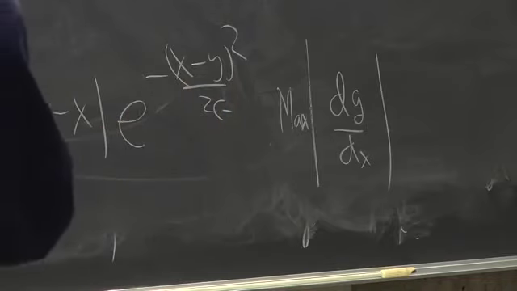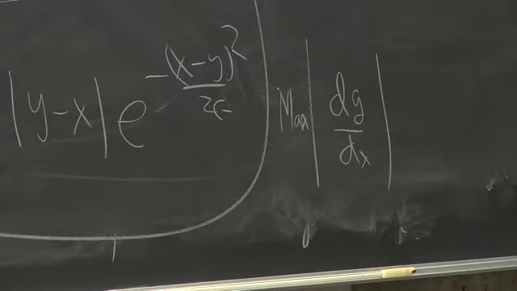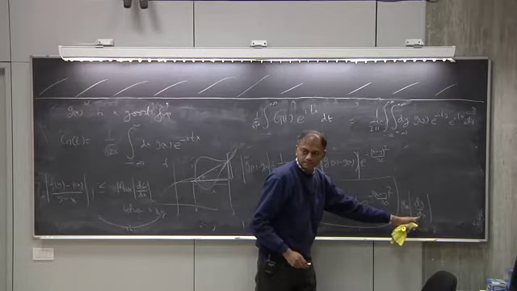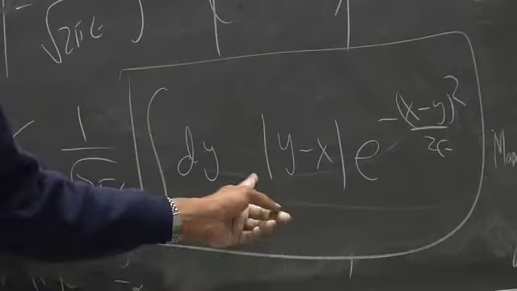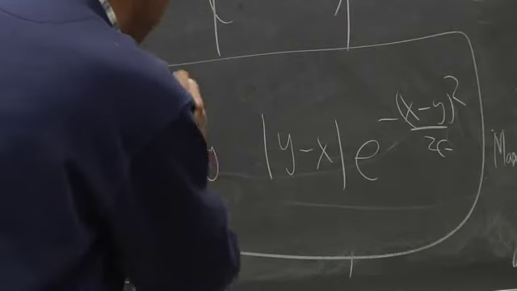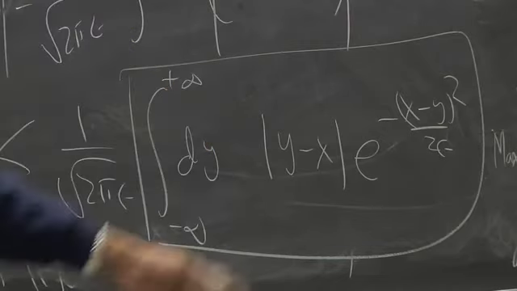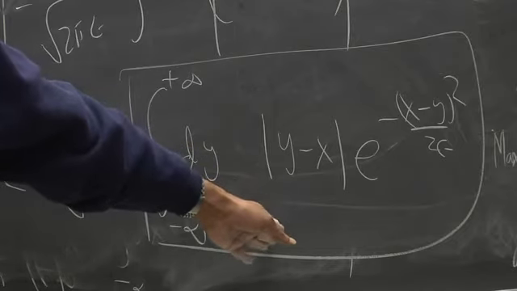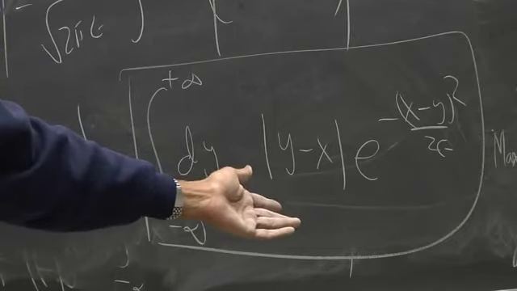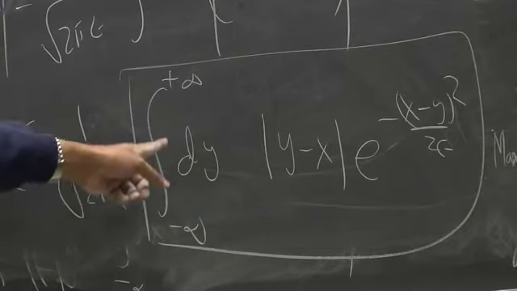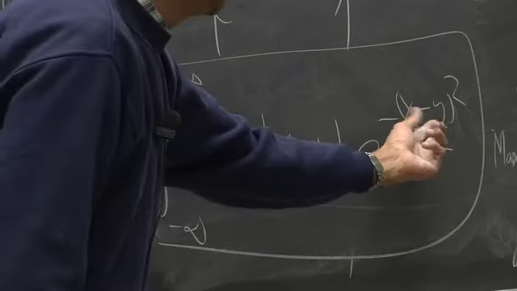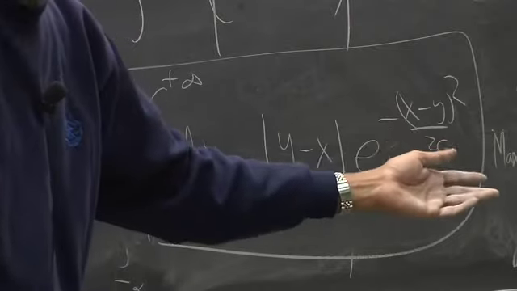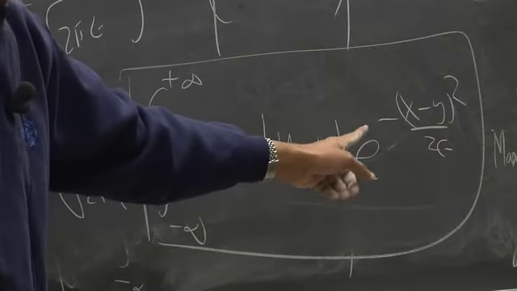So, now all that is reduced is just this integral, because this is some constant. And that integral you can immediately see, I mean, you can actually explicitly do this integral, but I don't need to do it exactly. The way to do this integral is, first of all, rename y minus x equal to y tilde, because everything depends on y minus x, right?